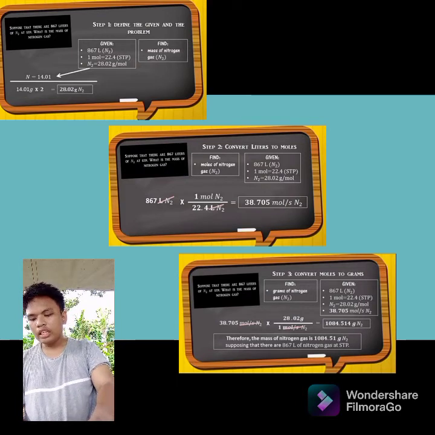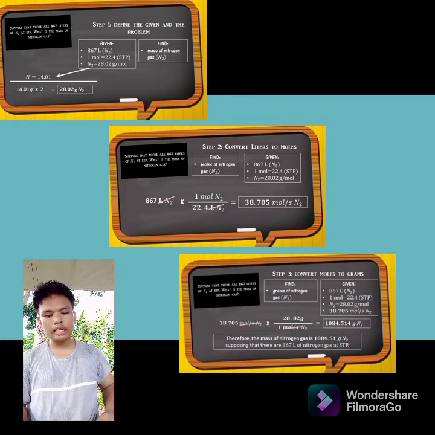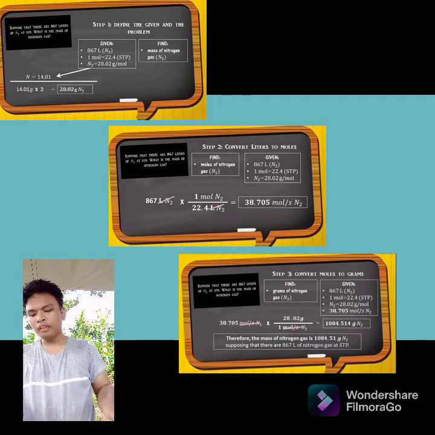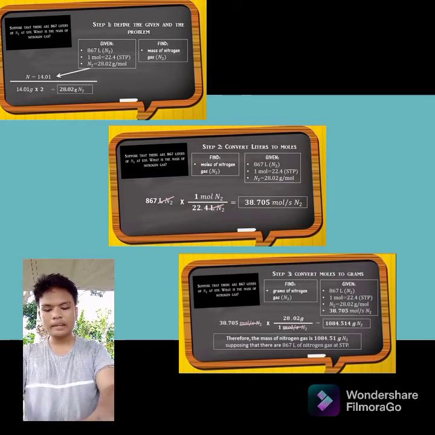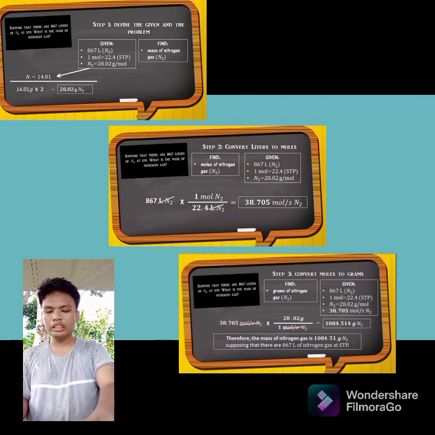So 38.705 times 28.02 grams per mole divided by 1 equals 1,084.514 grams of nitrogen gas. Therefore, the mass of nitrogen gas is 1,084.51 grams, supposing that there are 867 liters of nitrogen gas at STP.